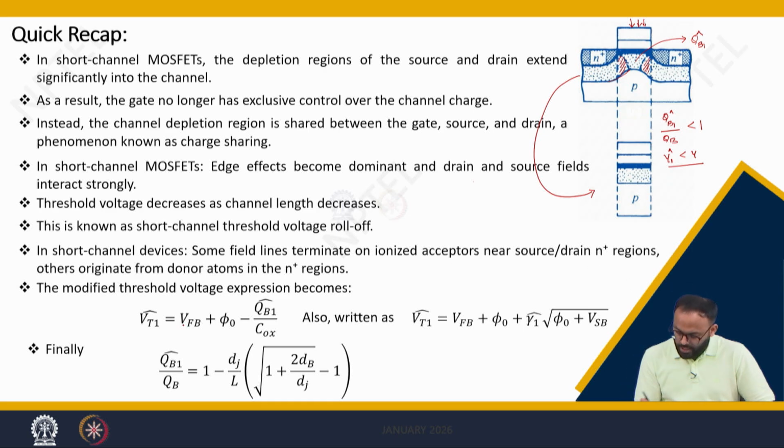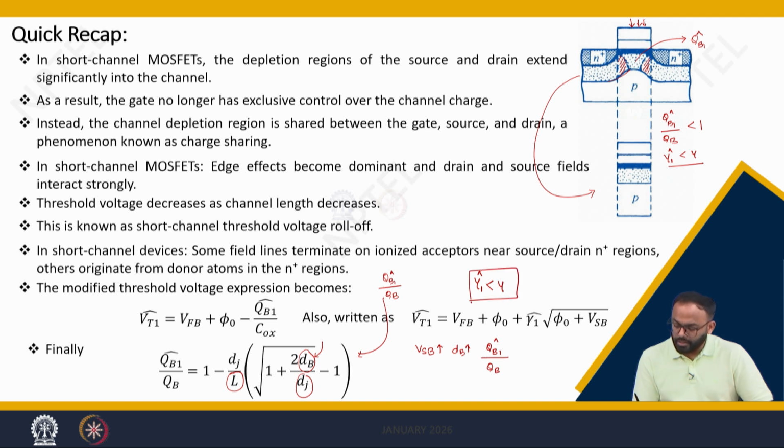We derived the expression for the ratio QB dash 1 cap by QB, in terms of parameters like junction depth, depletion width thickness, channel length, etc. We argued that when you increase the VSB voltage, the depletion region thickness increases, and hence the charge provided by the gate will reduce, which will reduce gamma 1 cap per gamma.